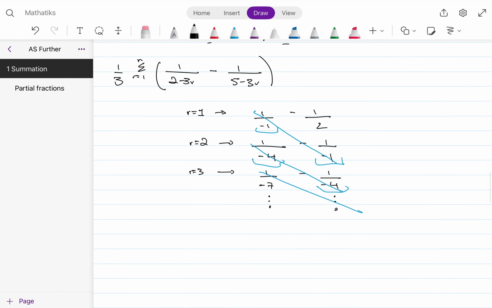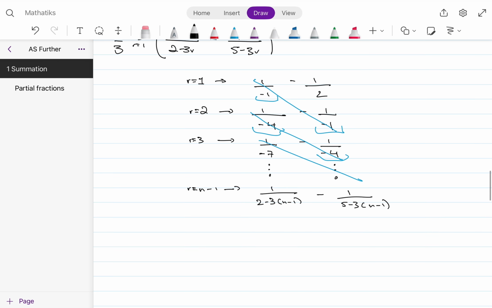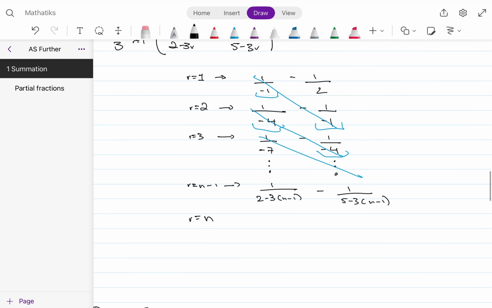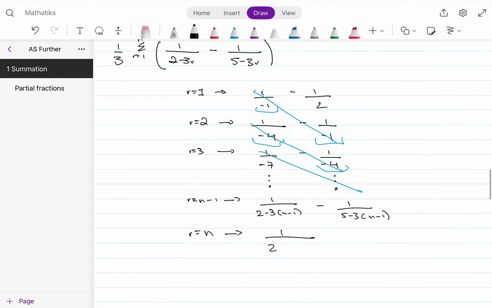Now let's substitute our last two terms in. r equals n minus 1: 1 upon 2 minus 3 times n minus 1, minus 1 upon 5 minus 3 times n minus 1. When r equals n, you have 1 upon 2 minus 3n, minus 1 upon 5 minus 3n.